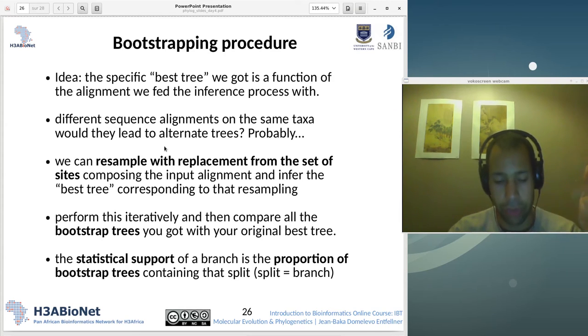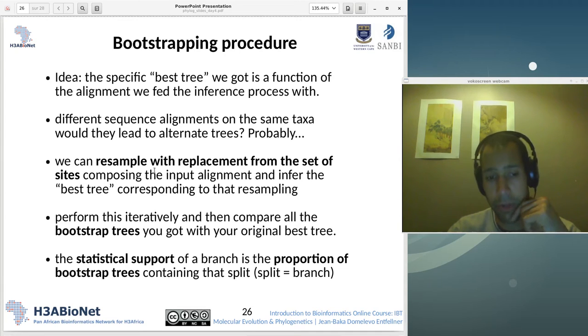Or you could have sequenced at another moment, other parts of the genomes, different individuals pertaining to the same species, etc. So the idea is to say, okay, if the alignment we are using is large enough, we can resample with replacement from the set of sites composing the input alignment, and infer the best tree corresponding to that resampling, and do that again and again and again iteratively.